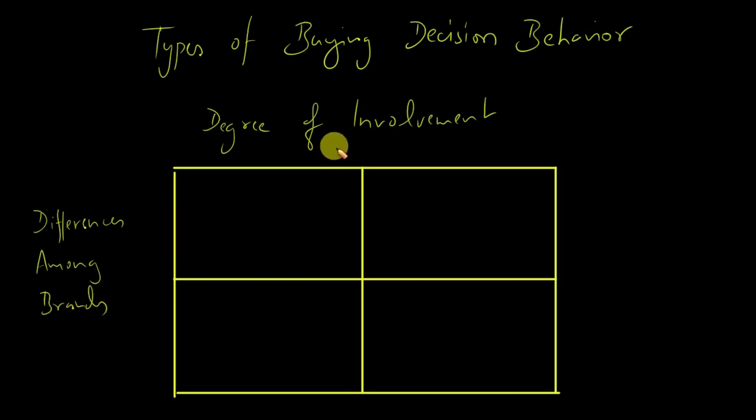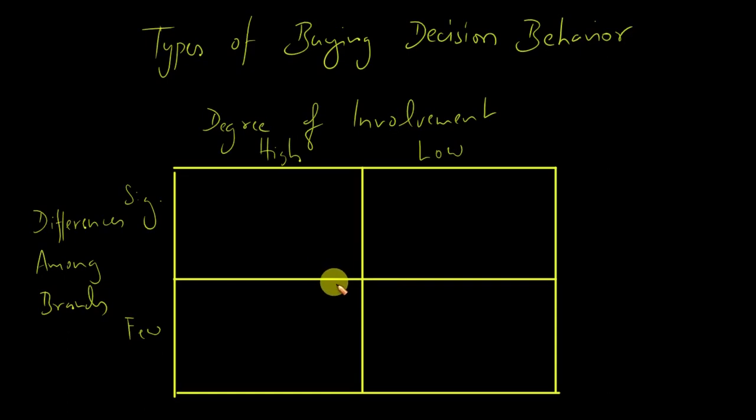Now, is the consumer highly involved or not so highly involved with the purchase decision is on one axis, that's degree of involvement, and does the consumer perceive differences among brands as very significant, or there are few differences amongst the brands which the consumer perceives. So based on this, let's go one by one and discuss each type of buying decision behavior.